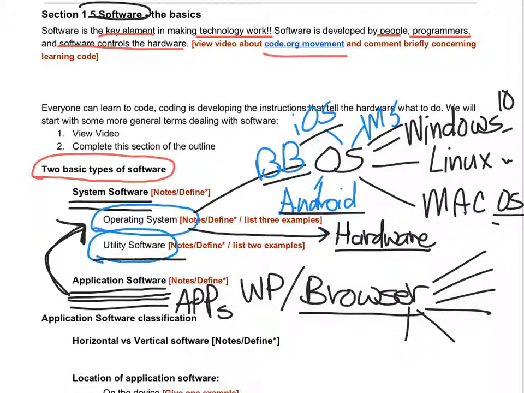Now we have utilities. A simple example of utility, sometimes virus software, people will categorize that under utility. Any type of file management software, where you can look at your files and so forth.